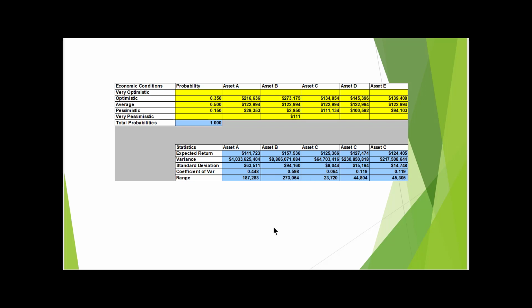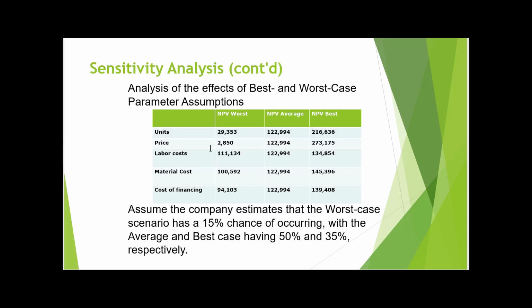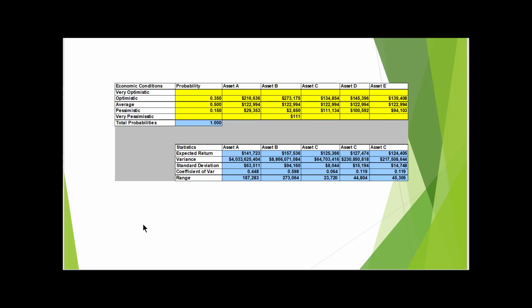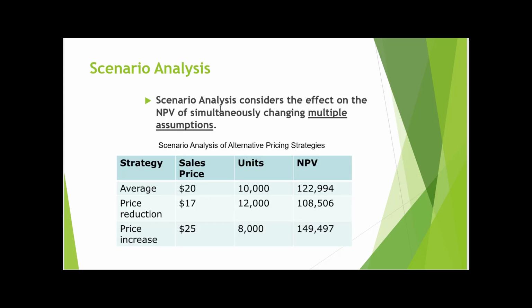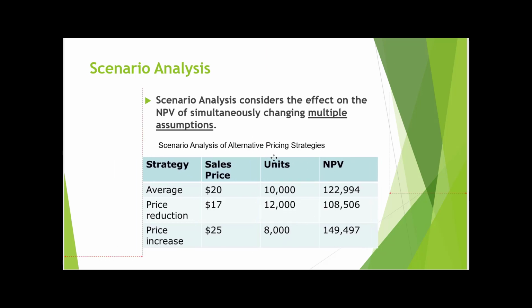We need to spend a lot of money researching exactly how many units we think will sell and exactly what the overall price should be, because if we're off a little bit, it could have a dramatic impact on the value to the firm. Now, in this case, none of them are negative, but that doesn't imply that we couldn't get a negative outflow with a different number.